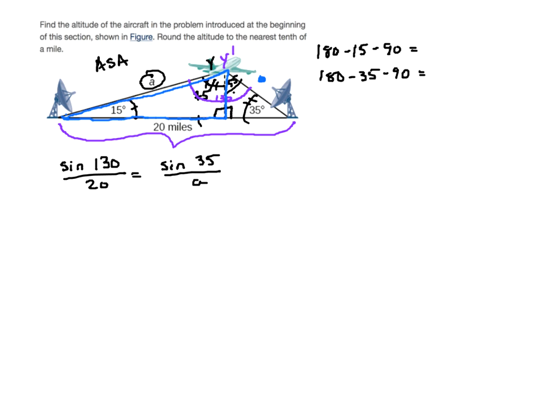You'd have to figure out that other side, though, and that would be more work. So we'll go with less work. I'm just going to cross multiply here. A times the sine of 130 equals 20 times the sine of 35. Now I divide the sine of 130 off of both sides. Those divide out, and I get my side A.